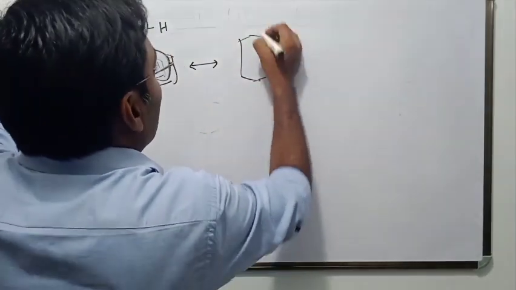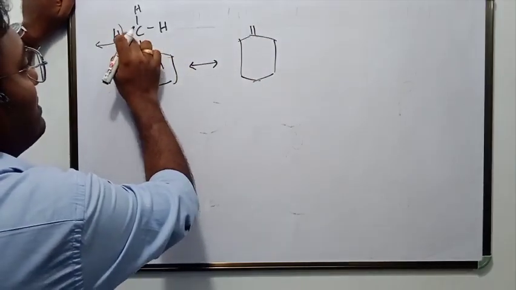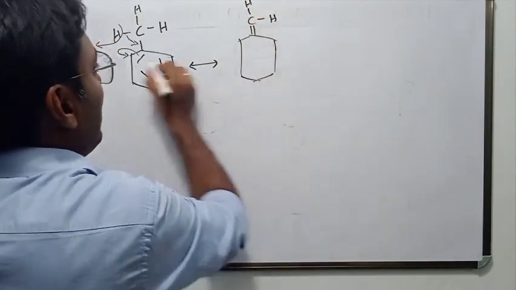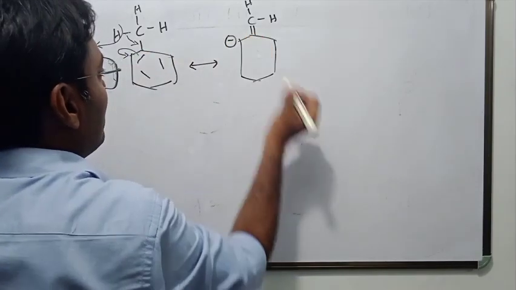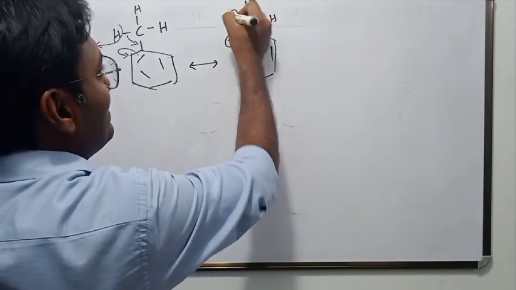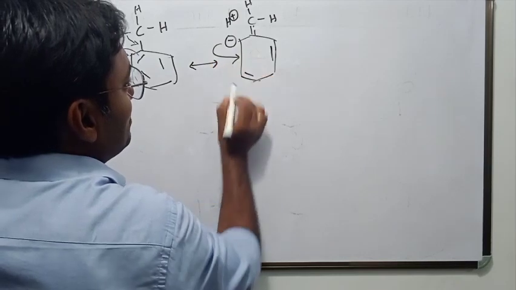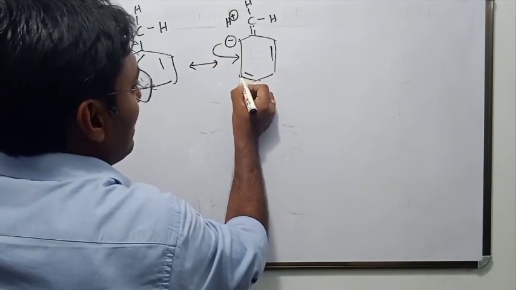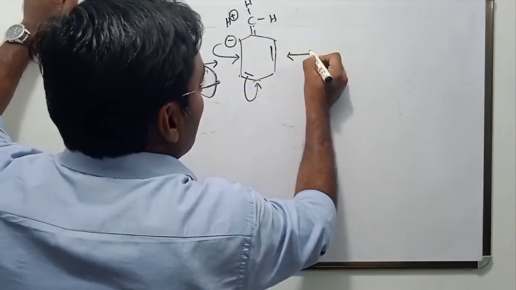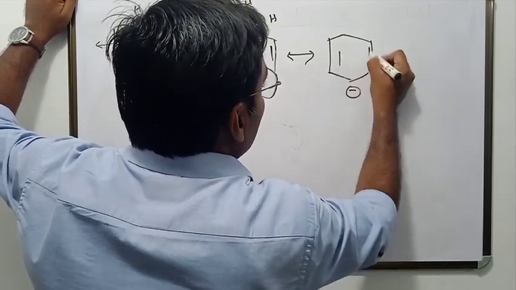Let us see. So now the structure, when this goes, it becomes H plus, and here the double bond comes, so it would become like this, and this pair of electrons would come here, and H plus is here itself in the vicinity. Now this electron pair is unstable outside, so it would come here, and the carbon here becomes 5 in valency, so that would be unstable. This would come here, that would give us the third structure, right?